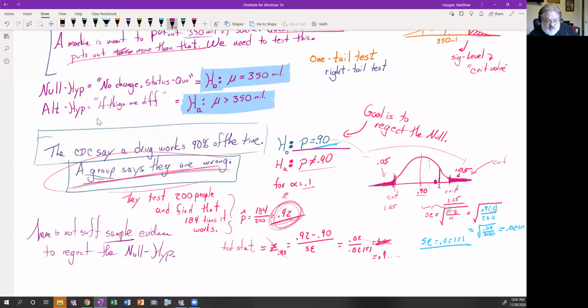If it had been more than 1.65, if it had been out in that range, then we would say there is sufficient sample evidence to reject the null hypothesis. But those are really your only two possible conclusions. There's enough sample evidence or there isn't enough sample evidence to reject the null hypothesis.